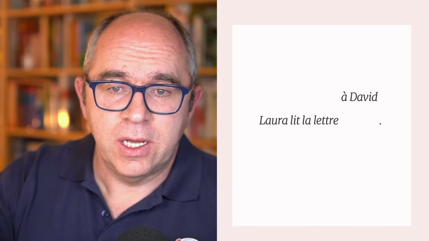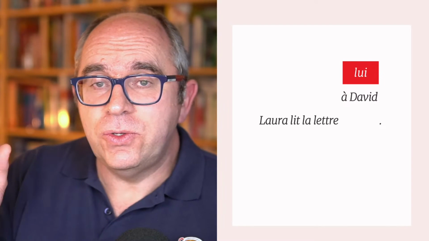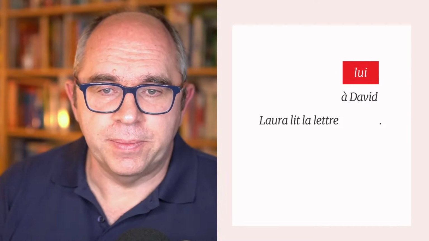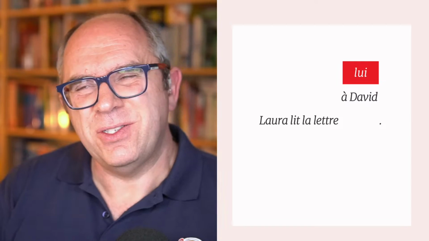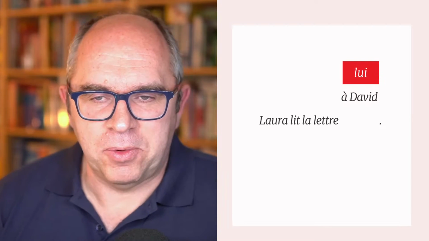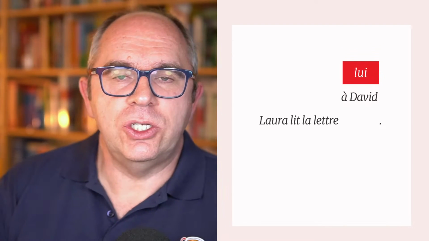But what we want to do now is replace some of these words. And we're going to focus on à David. Because if we take this out, we've got Laura lit la lettre, but we still want to say to him. And to do that in French, we need the word lui. And this is one of these indirect object pronouns, lui. But the interesting thing about this is that lui is going to change position.